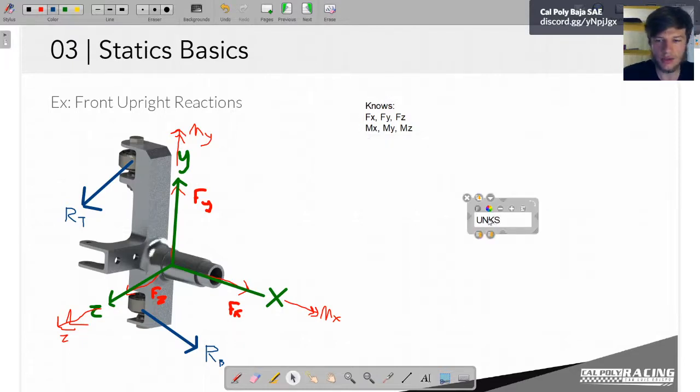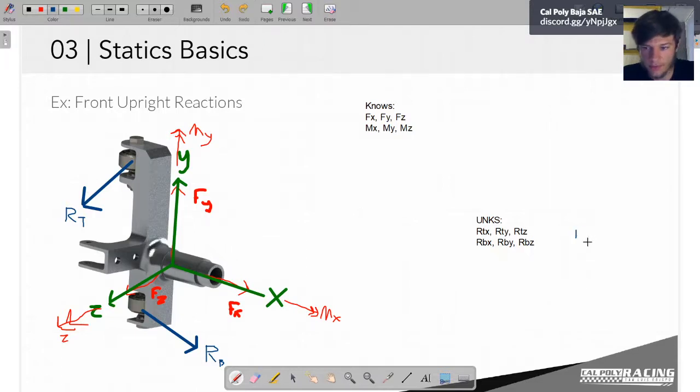Our unknowns, or unks, are RT X, RT Y, RT Z, and RB X, RB Y, RB Z. Another way we could write that would be saying that we don't know RT as a vector.